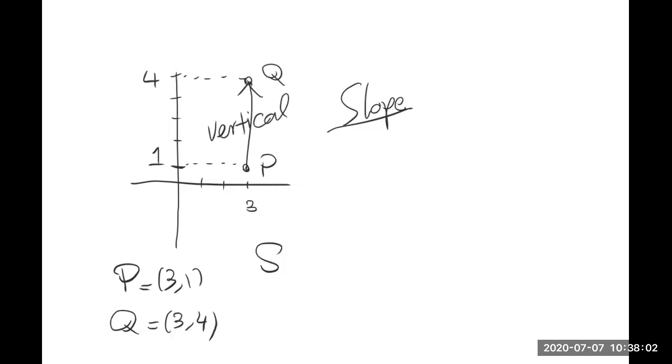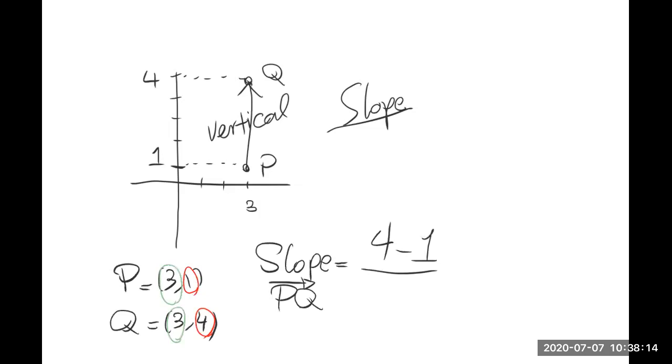If we compute the slope of PQ, we should subtract the second coordinates, which is 4 minus 1. We should subtract the first coordinates, which is 3 and 3. We get 3 over 0. That is very important. That's one of the most important things in math.